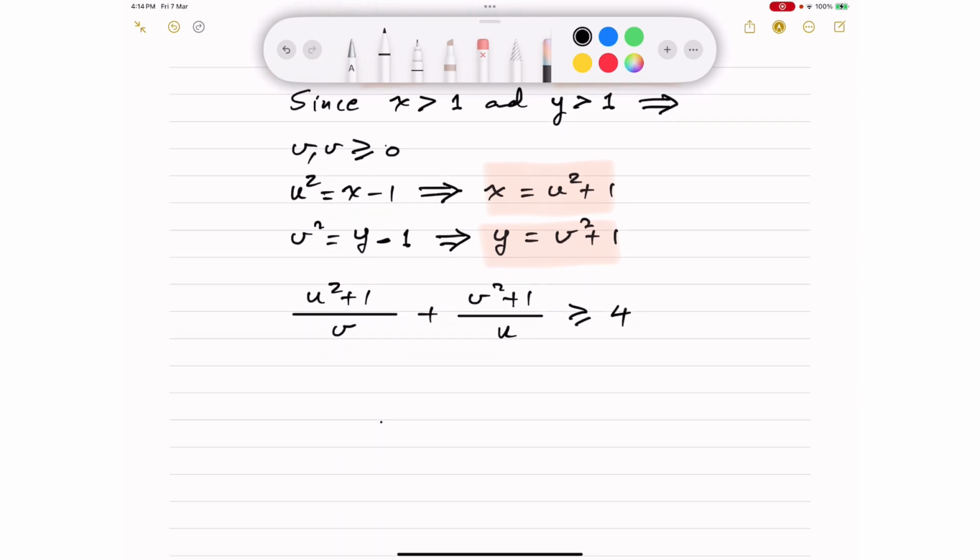Now we're going to look at the left-hand side, starting with the numerators, and we're going to apply the arithmetic mean, geometric mean inequality.